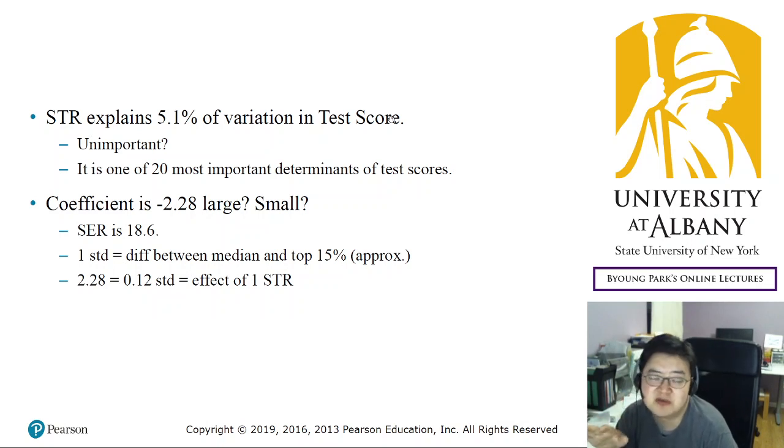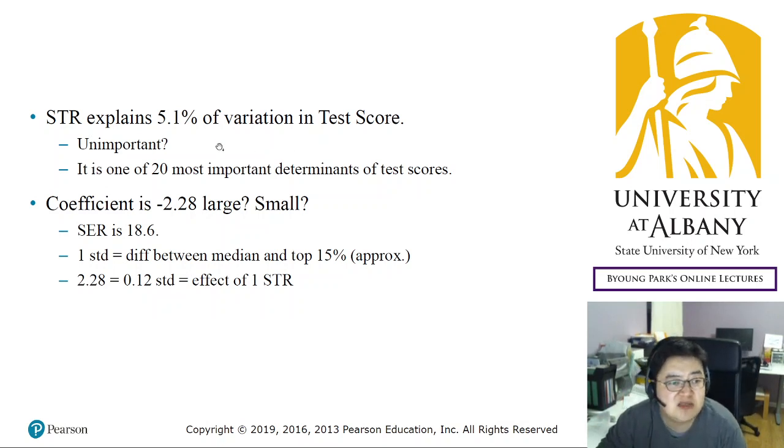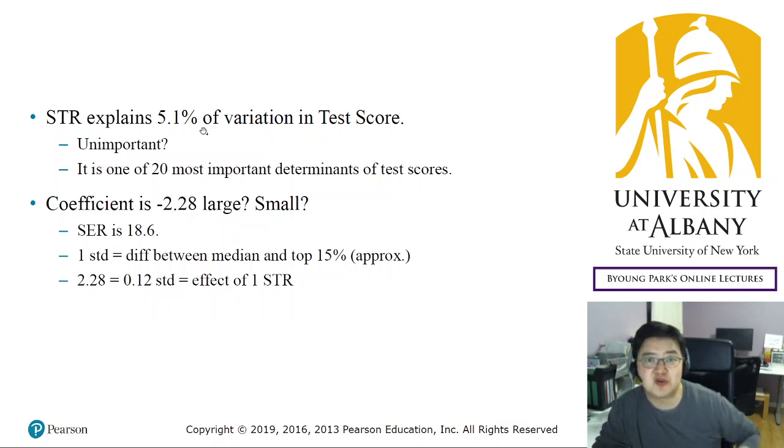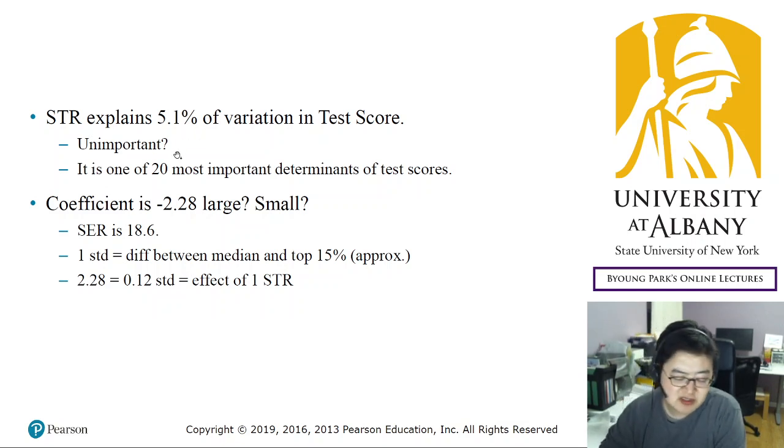Okay, first, the student-teacher ratio explains only 5.1% of the variation in test score according to the R squared measure. Does it mean that student-teacher ratio is not important? Usually not. So think about how the test scores are determined.